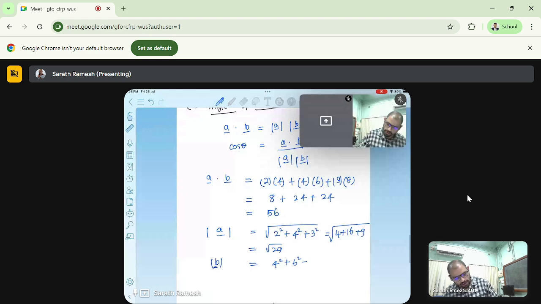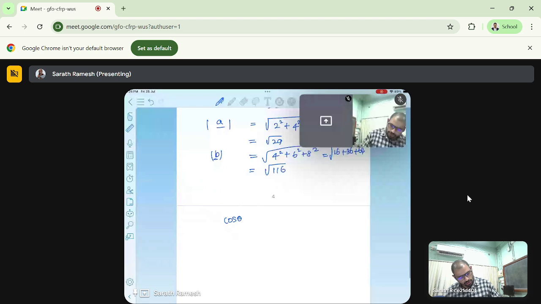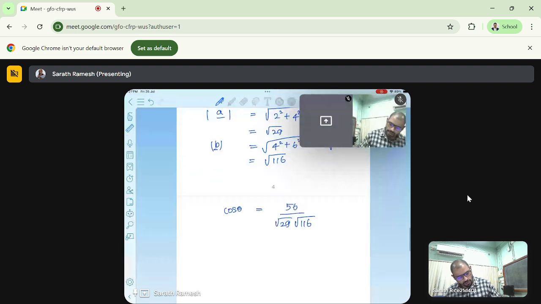Finally we get cos theta equal to 56 divided by root 29 root 116. So this is cos theta. Now if you want theta, it is cos inverse of 56 divided by root 29 root 116.